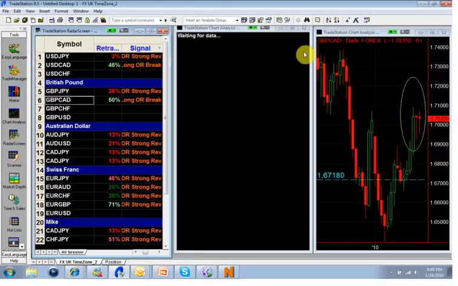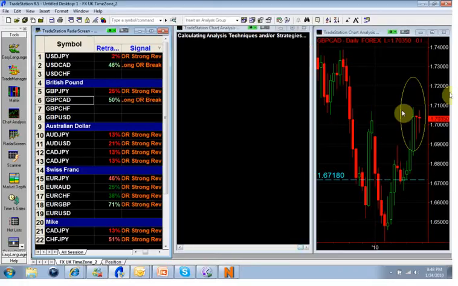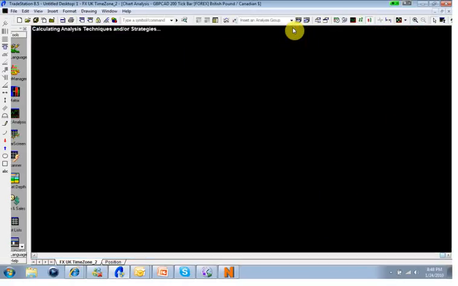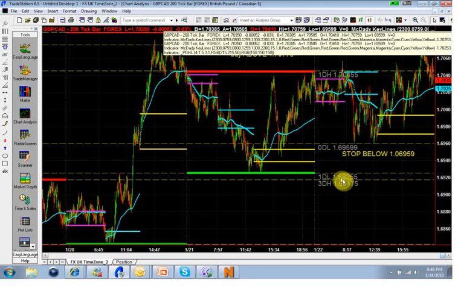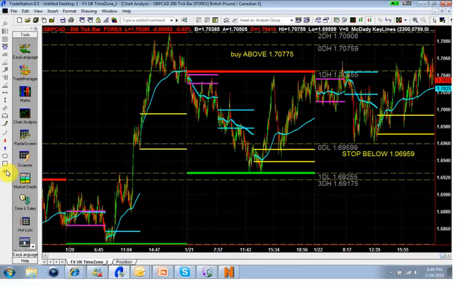As far as shorting that baby, the high probability trade is to the upside. And we are going to short this one if it trades below this, so this is our shorting point to short the pound CAD.